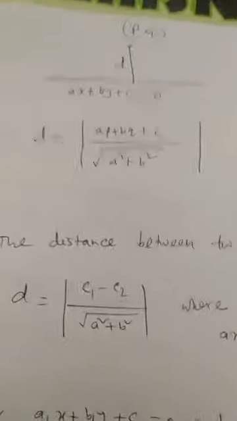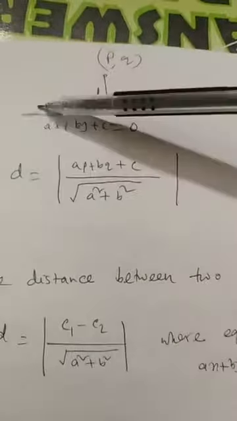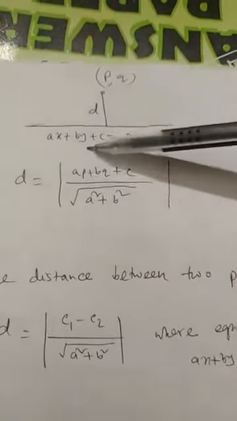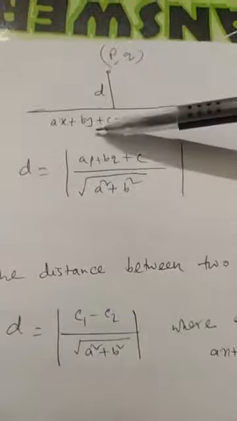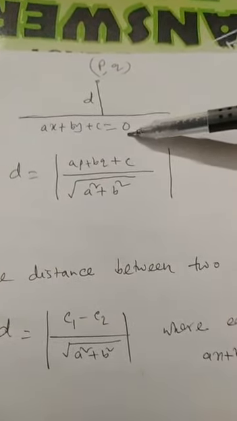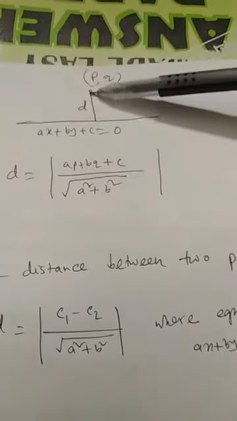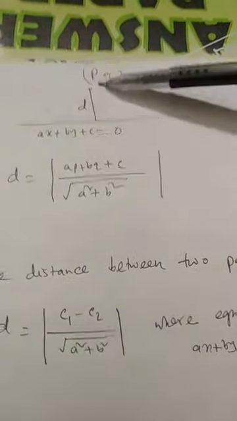Now another important formula, which is: a point will be given, (p, q), a straight line will be given, the equation is known. The equation is ax plus by plus c equal to 0. So this line is the perpendicular distance or shortest distance from this point, and we have to find the length of this distance.